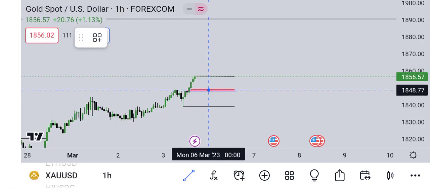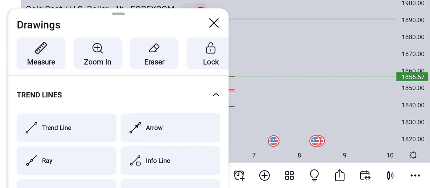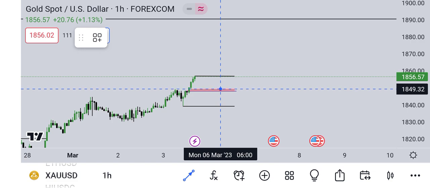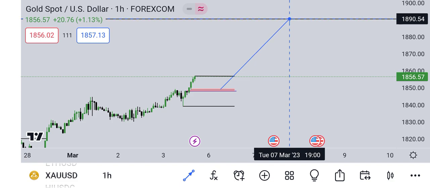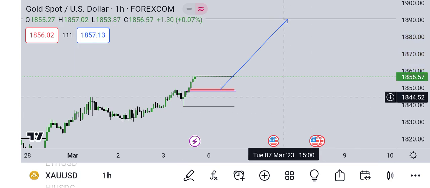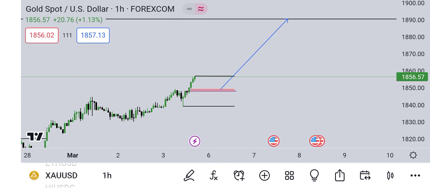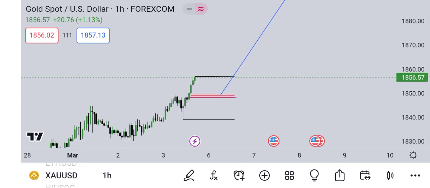From here to 1890, from 1849, let's say 1850. 1850 to 1890, that's 400 pips.